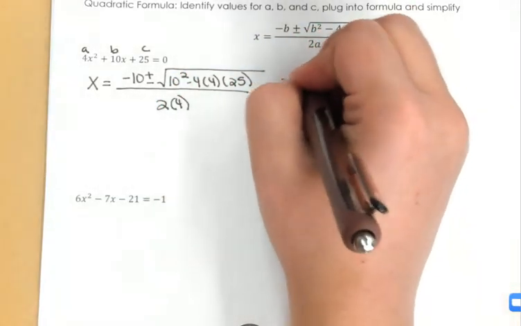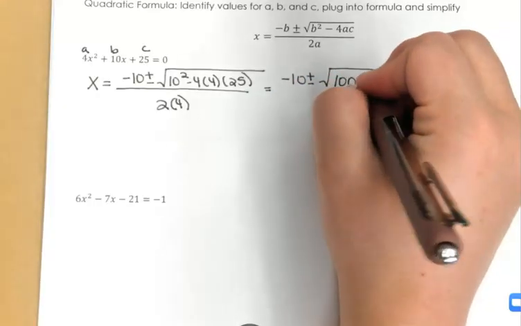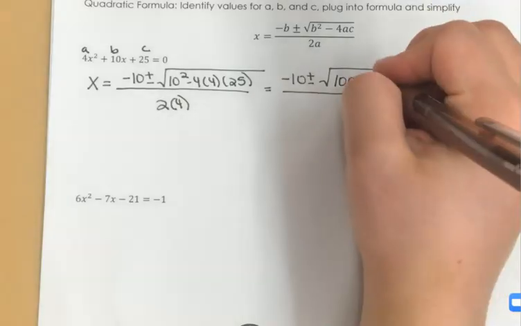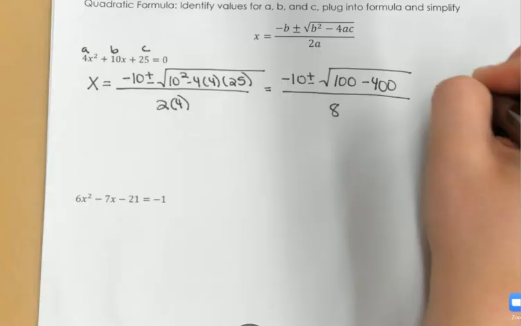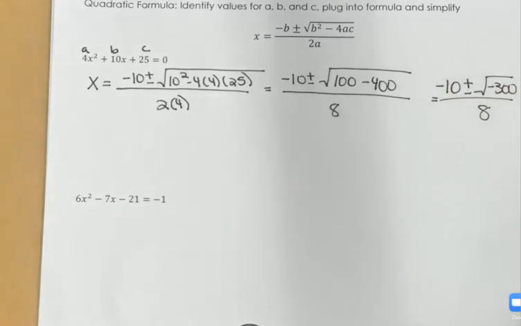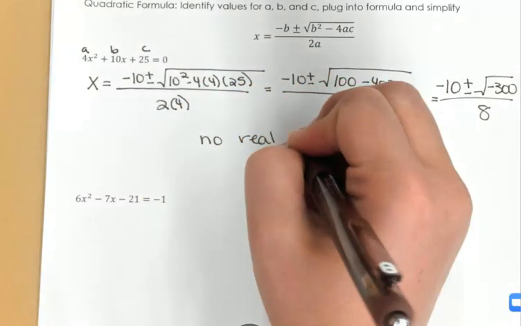So I'm going to get -10 plus or minus the square root of 100 minus, 4 times 4 times 25 is 400, over 8. So that's -10 plus or minus the square root of -300 over 8. Well, I have a negative inside, so that means this one is going to have no real solutions.